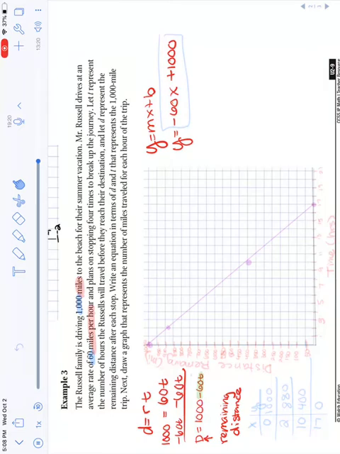All right, so now we have to label our graph. So if I look at the bottom, the x-axis, that's going to be the time in hours. And the y-axis is going to be the distance remaining in miles.